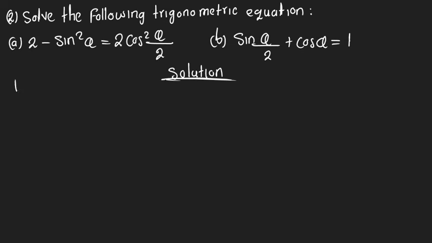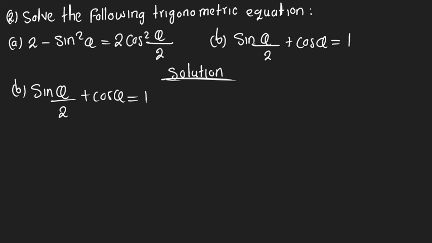I'll go with B. So sine theta over 2, plus cosine theta is equal to 1. Now, it's not complicated. It will never be complicated. Actually, A is the simplest.